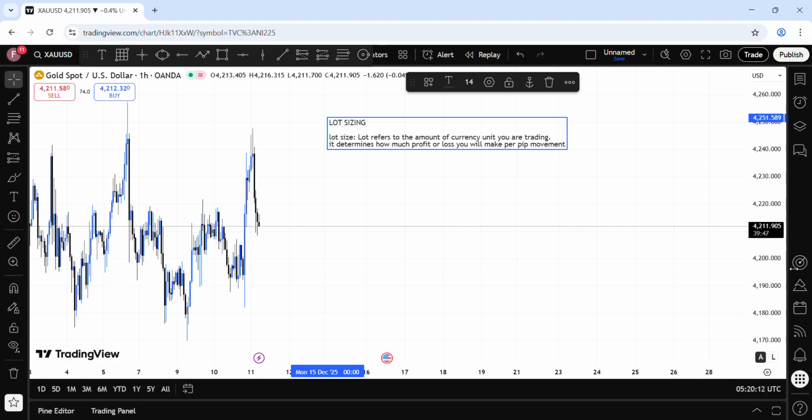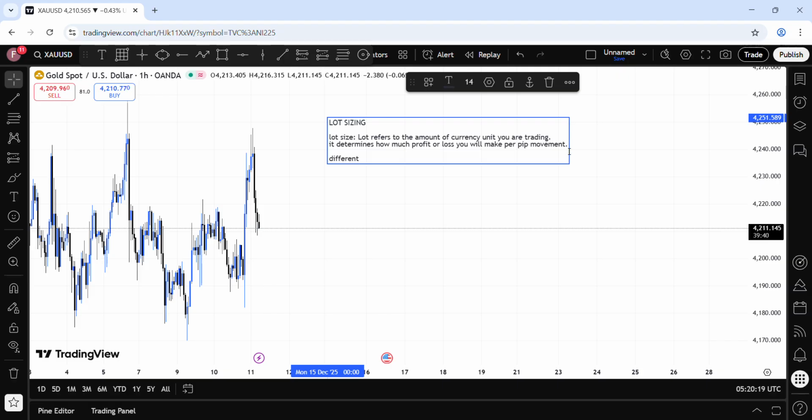So we have different types of lot size. We have the micro lot, which ranges from 0.01 to 0.09.